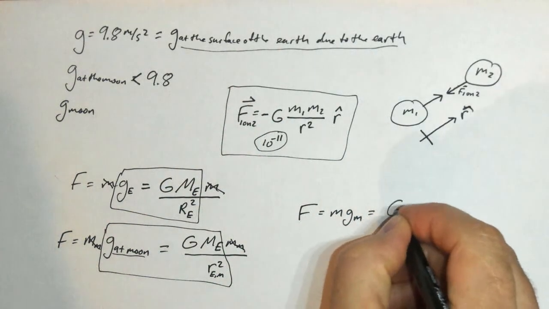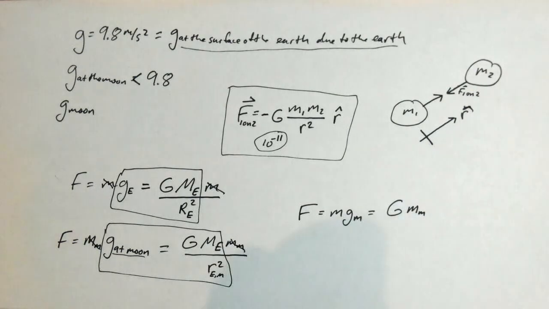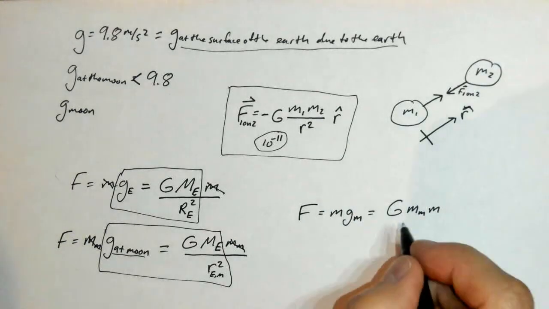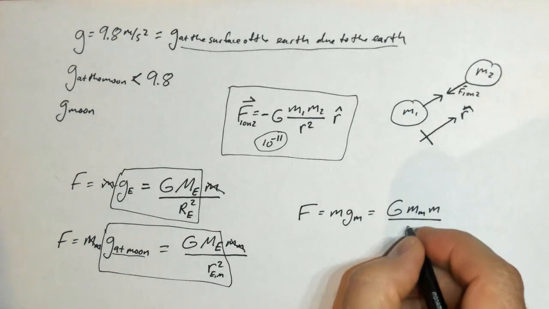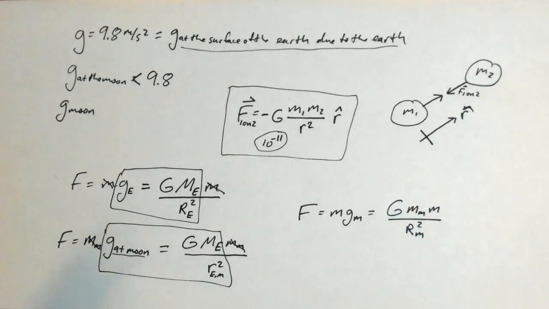Now I get this big G, and I get the mass of the moon acting on me, which would be just a little m, divided by the radius of the moon squared, because I am a distance of one radius away from the center of the moon. I'm at the surface of the moon.